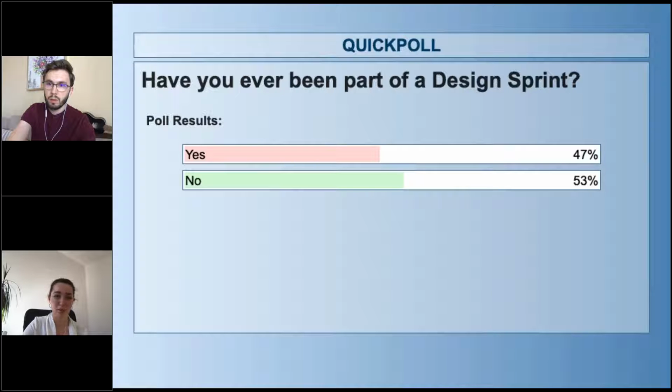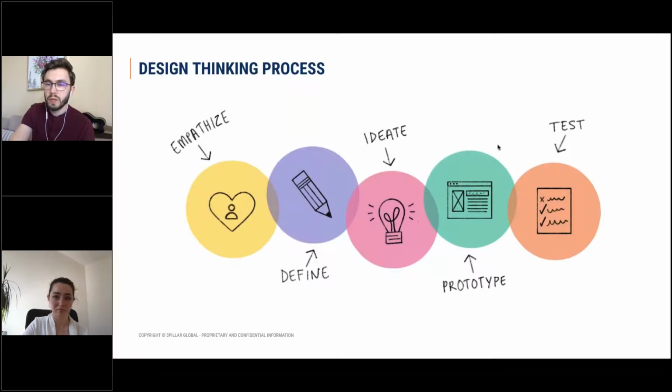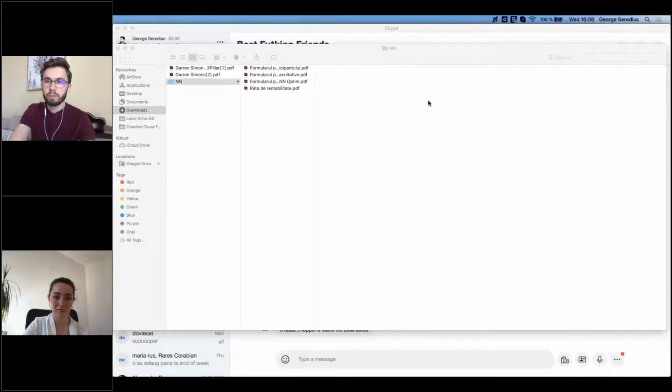I feel the more monitors you have, the more tabs are open. Are you able to see my screen now? Not yet. Yes, oh, there we go. Nice. Can you see the design sprint structure slide? Yes, now we can see it. Perfect. Thank you.